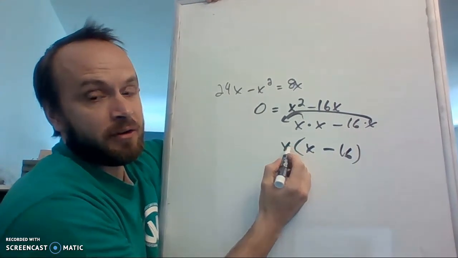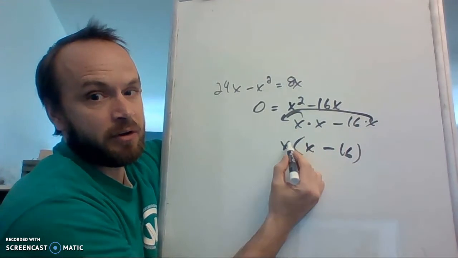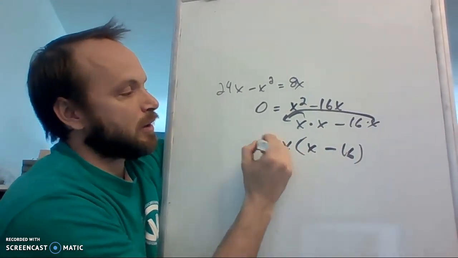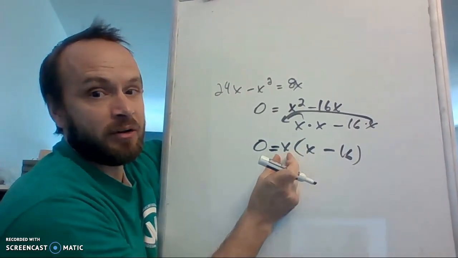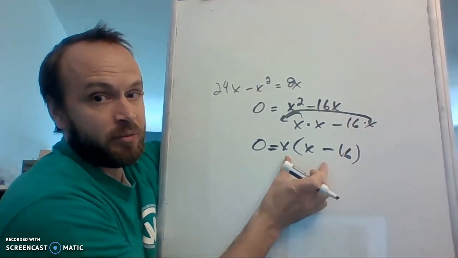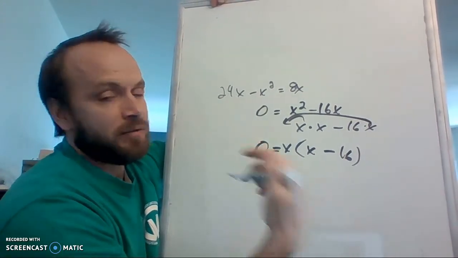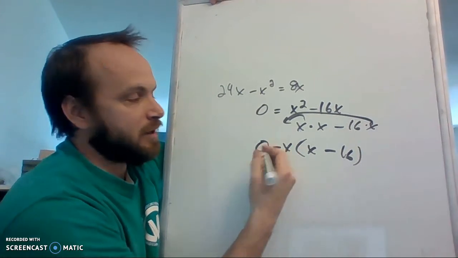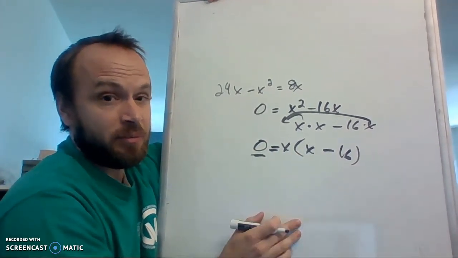Now, in order to check myself, I can redistribute the x. X times x is x squared. X times negative 16 is negative 16x. Now why I did this is because when you think about this, we think of this as one thing, and this as one thing. What are they doing to each other? Well, they're being multiplied by each other. If we have two things being multiplied, and they equal 0, that means one of those two things has to be 0.